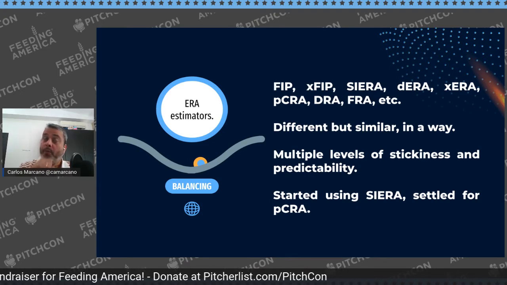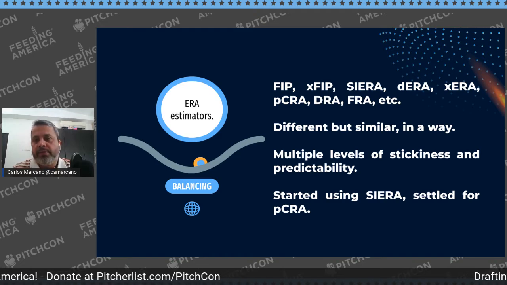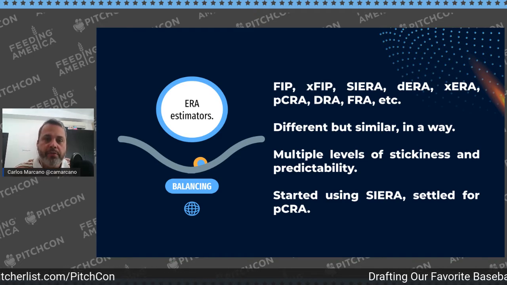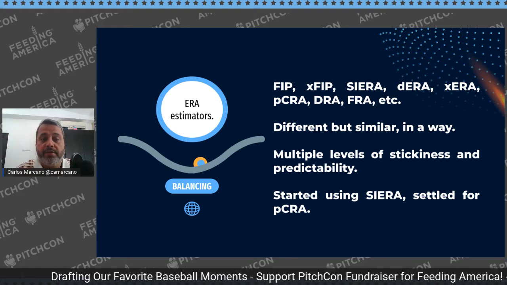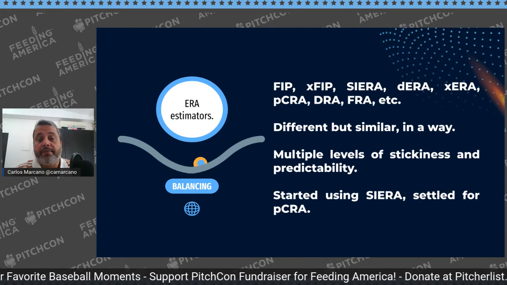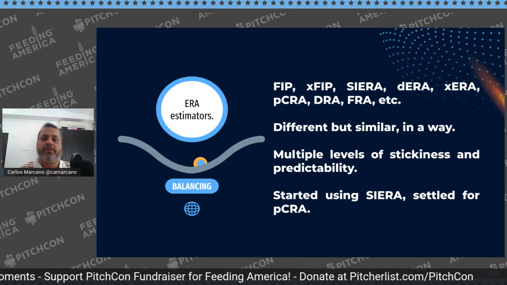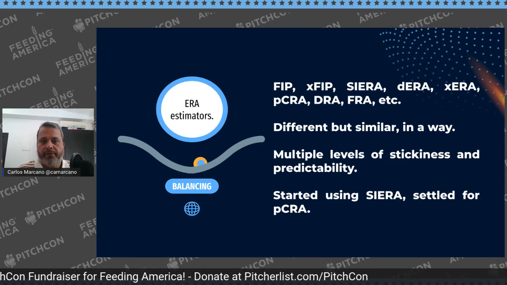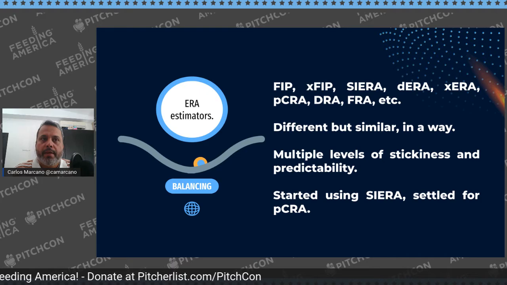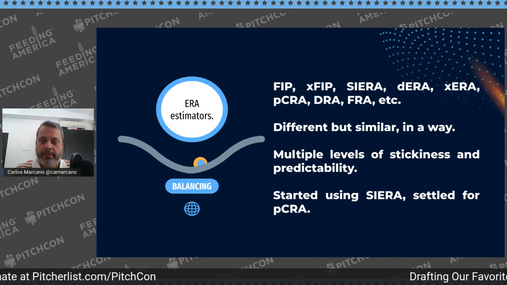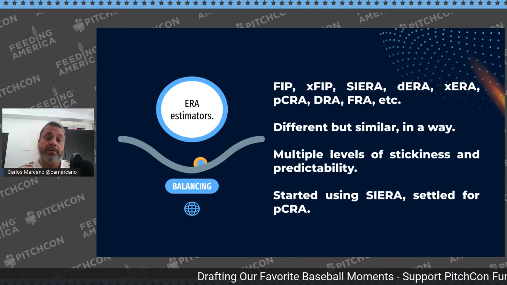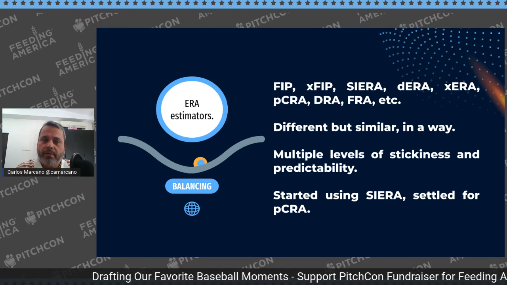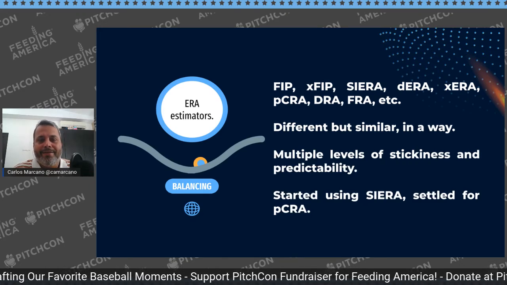But then, when I started writing with the Six Man Rotation, I was introduced to the fabulous work of Connor Kokin, who is, in my opinion, one of the brightest minds in baseball, and he took this concept of adding the batted ball event known as barrels that we all know into the estimator, and it just clicked like a wonder.